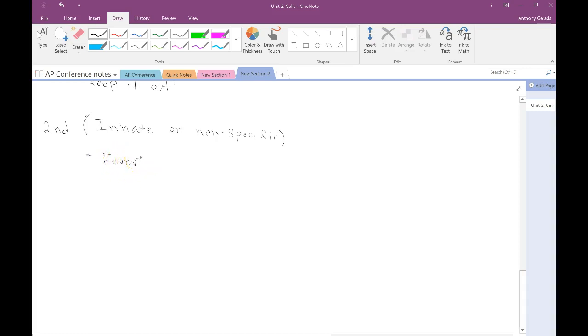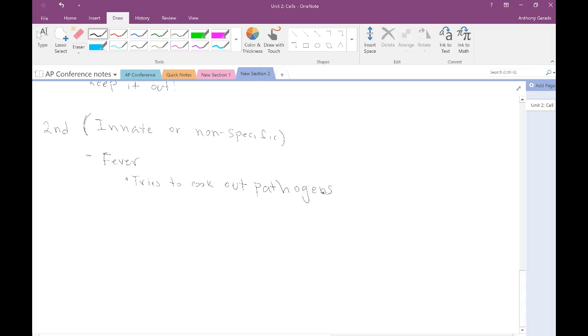All right? So we've got a fever because we've got cells in our body that are going to stimulate the increase of temperature. And the reason for a fever is that it's going to try and cook out pathogens.